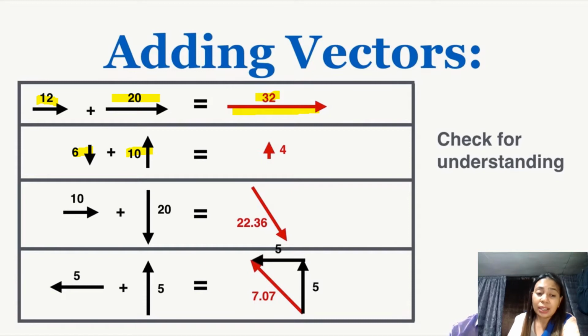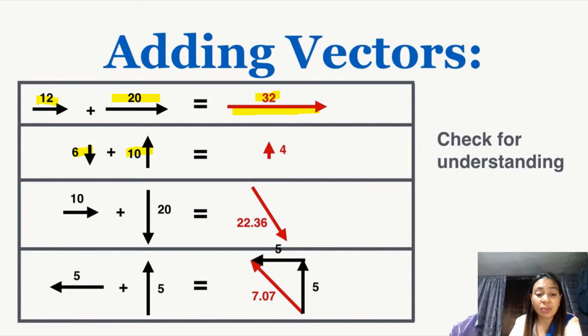Remember class, south and west will give you a negative value while north and east is positive. So the 6 south here is -6, and to the north, or pointing upwards, that's positive.